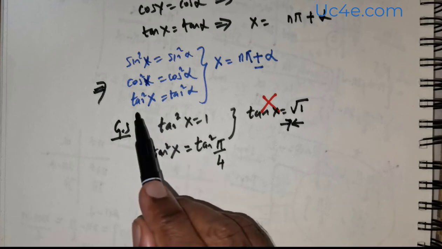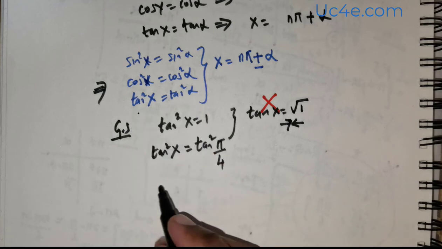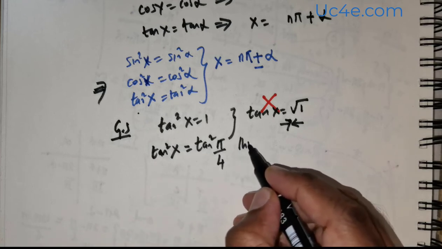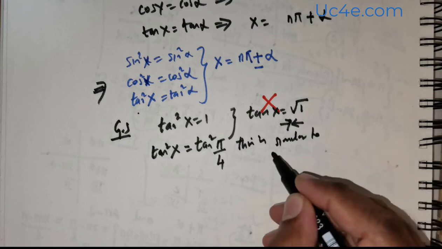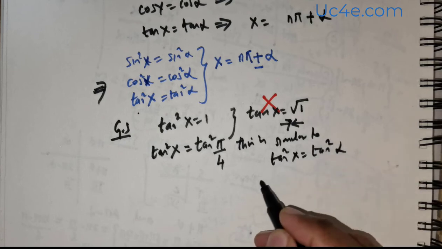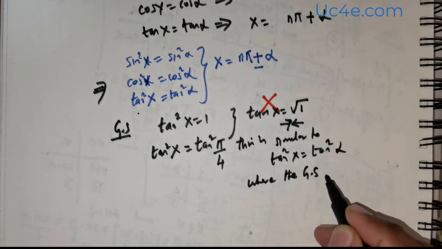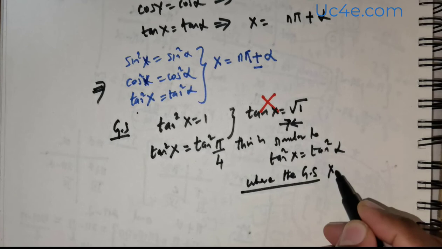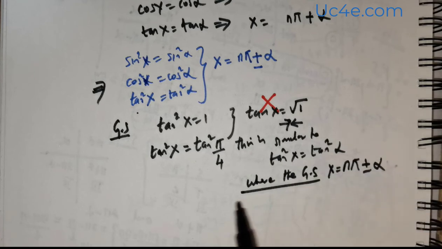Now this is similar to the one that we have studied. So you can clearly write that this is similar to tan squared x is equal to tan squared alpha, where the general solution is given as what? x is equal to n pi plus or minus alpha.